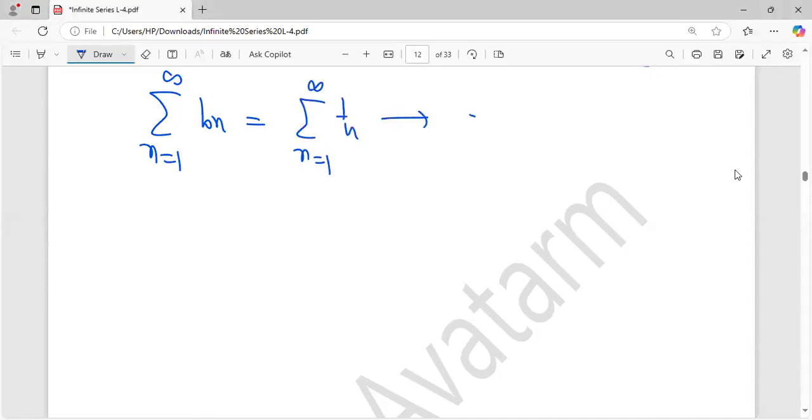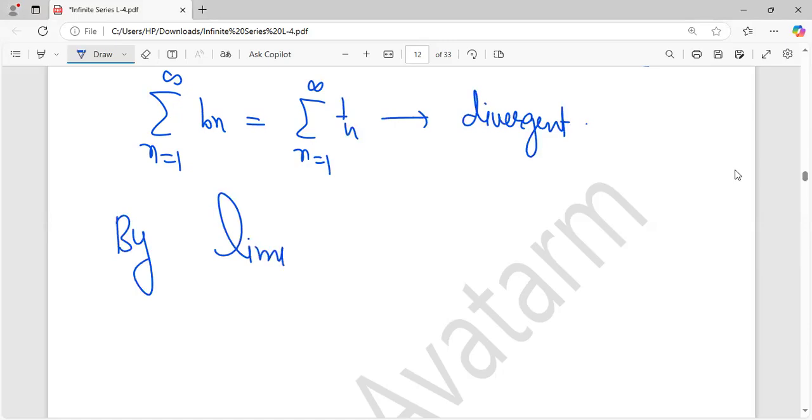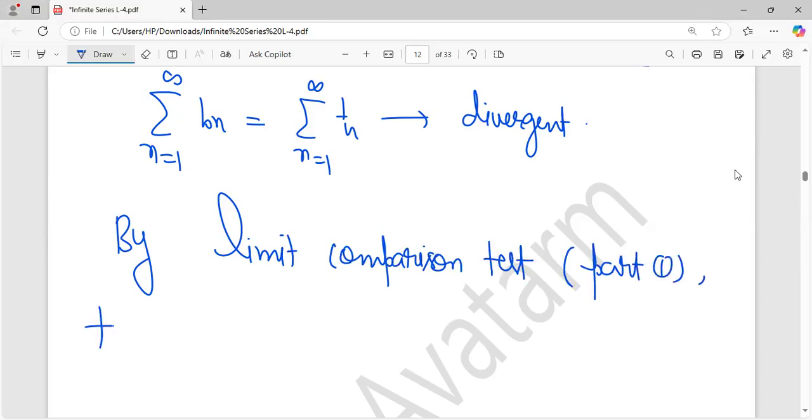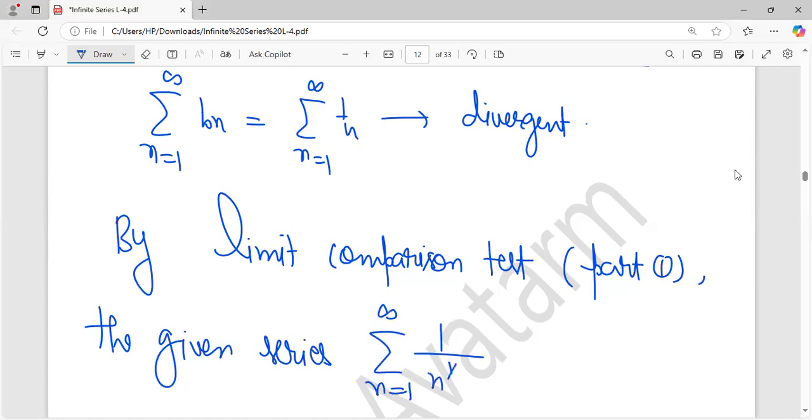This series is divergent. So by limit comparison test part 1, the given series summation n goes to 1 to infinity 1 upon n to the power 1 plus 1 upon n diverges.